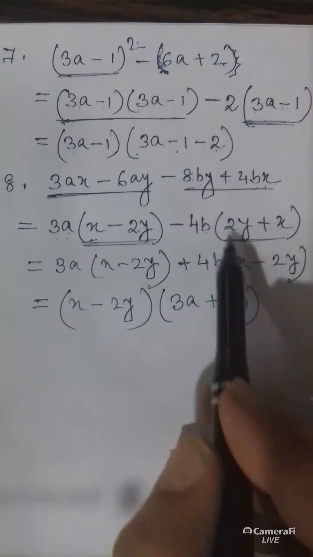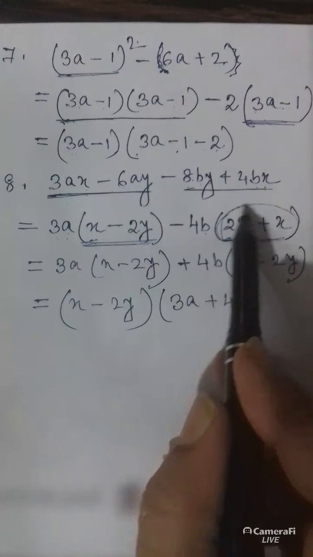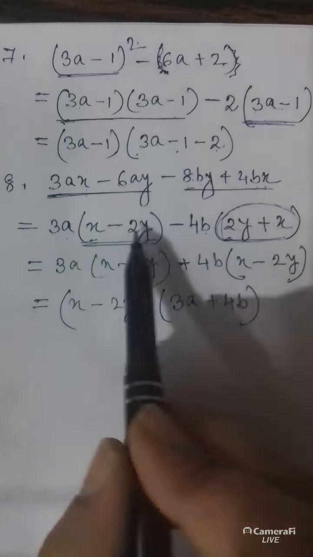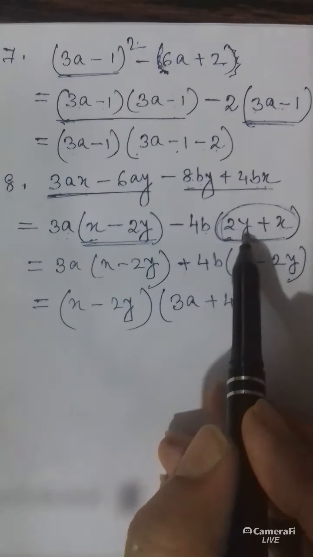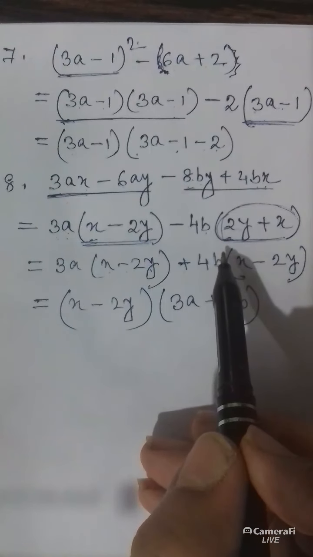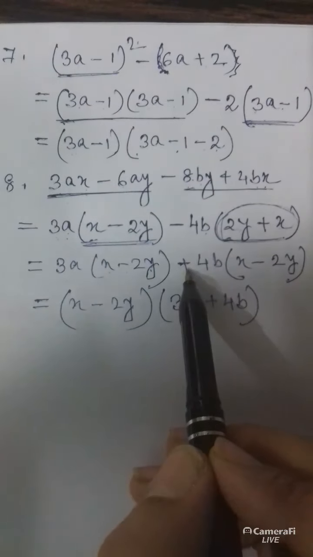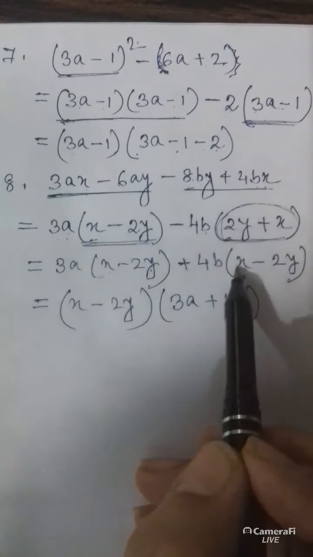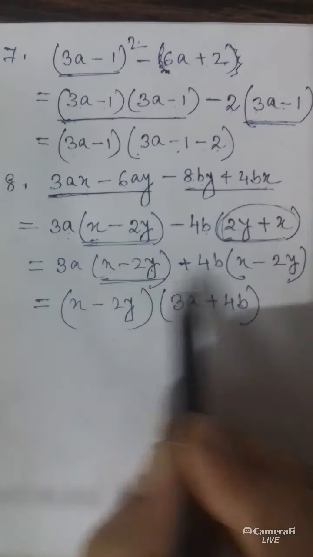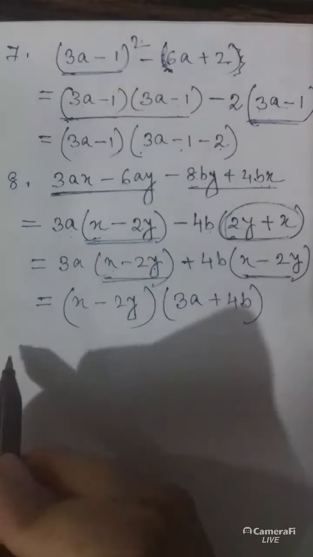We convert it into minus sign, then both terms are the same. So if we take minus common, then minus and minus plus 4b, and they interchange, x minus 2y. Here x minus 2y and x minus 2y common, 3a plus 4b.